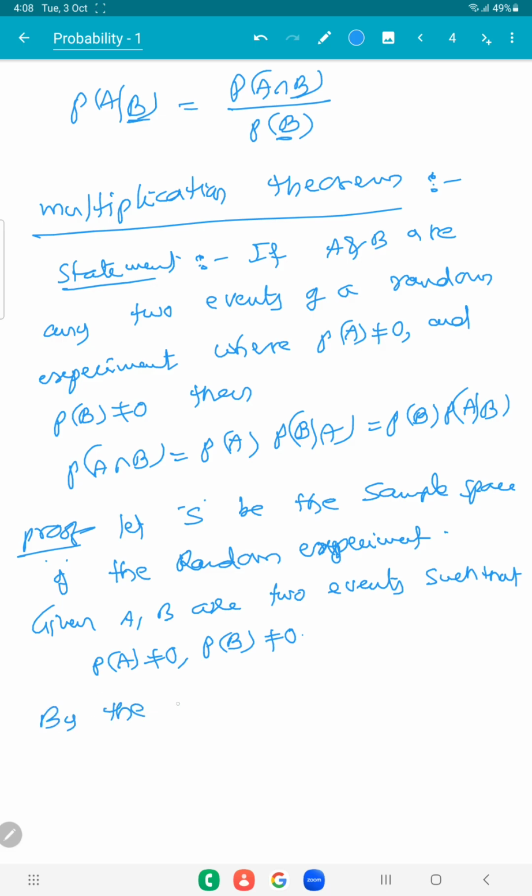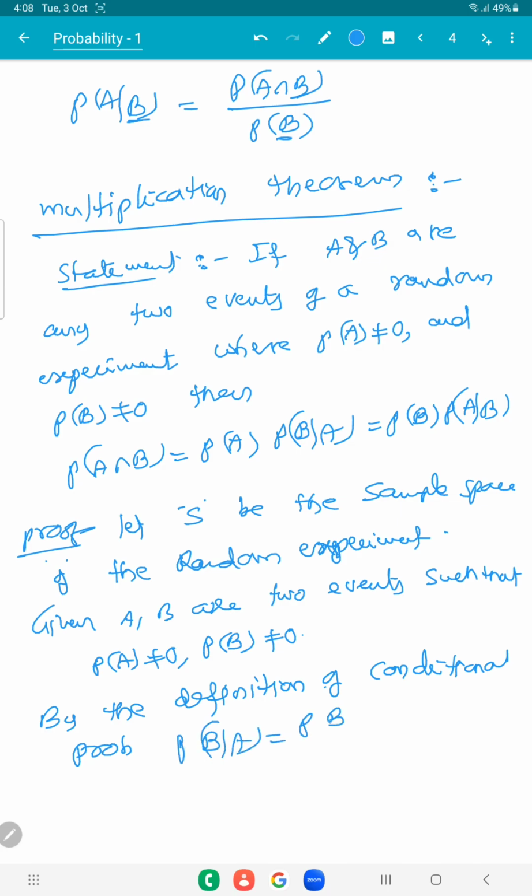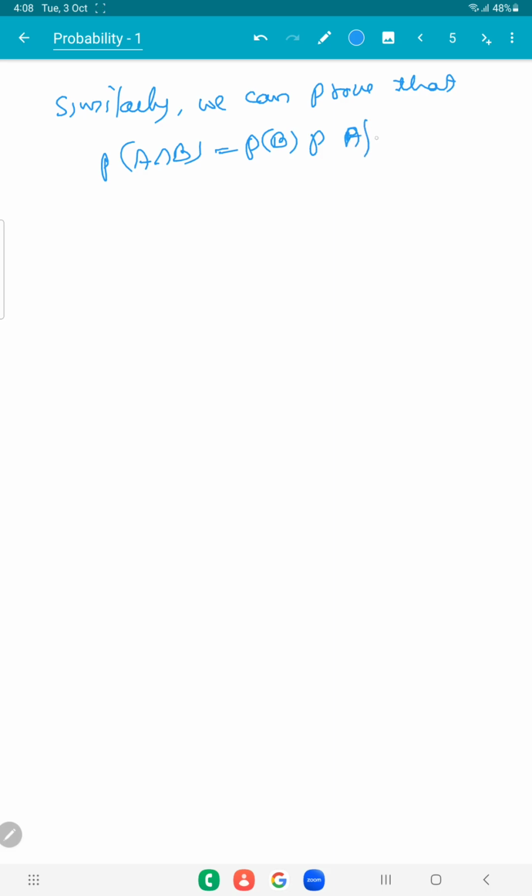By the definition of conditional probability, probability of B given A is equal to probability of B intersection A by probability of A. So by cross multiplication, probability of B intersection A is equal to probability of A into probability of B given A. Similarly, we can prove that probability of A intersection B is equal to P of B into P of A given B. Done.